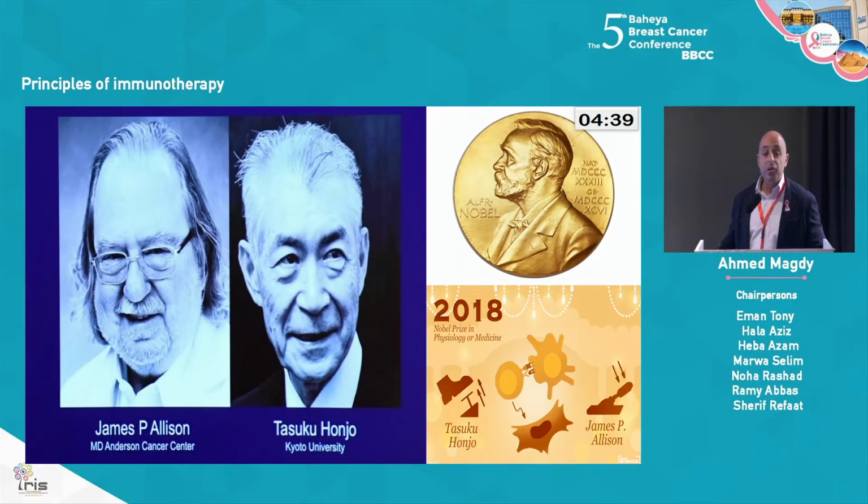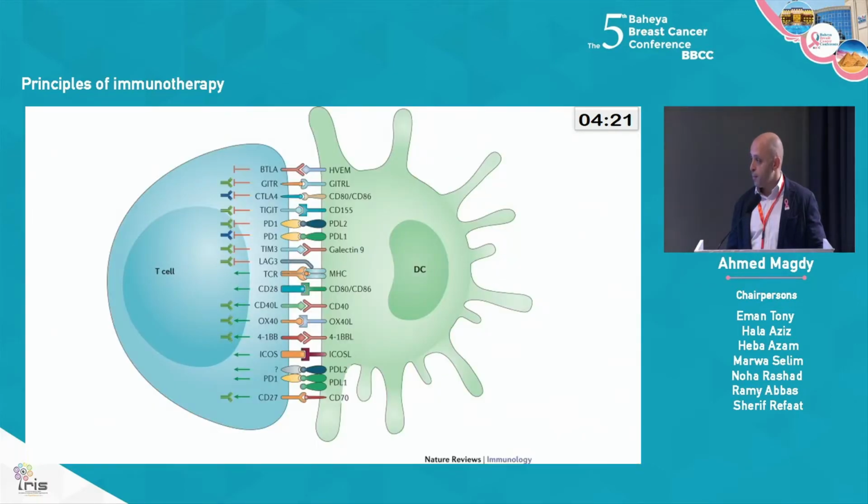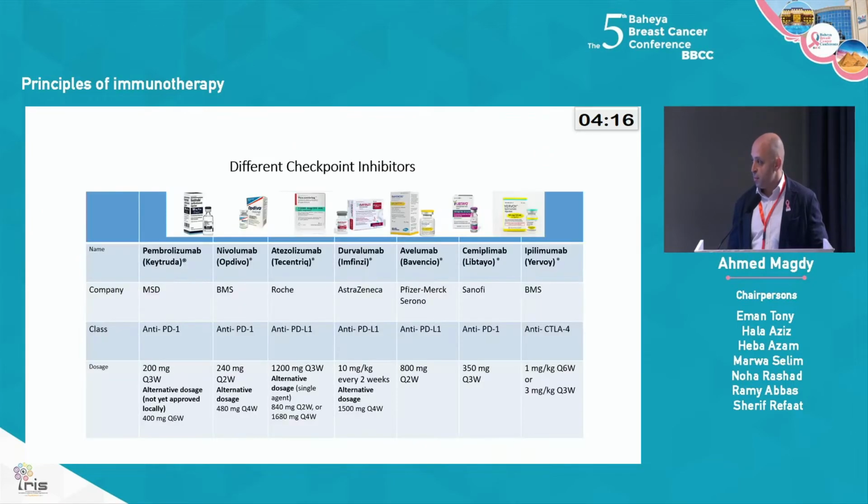And this got another Nobel Prize. See, oncology is having a lot of Nobel Prizes now. Those two, James Allison and Dr. Tasuku from Japan, they both got a Nobel Prize in 2018 because they discovered what I just mentioned, the CTLA4 and the PD-L1. We have a long road to detect in the immune system.